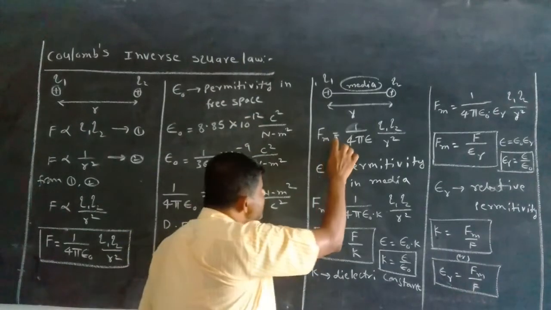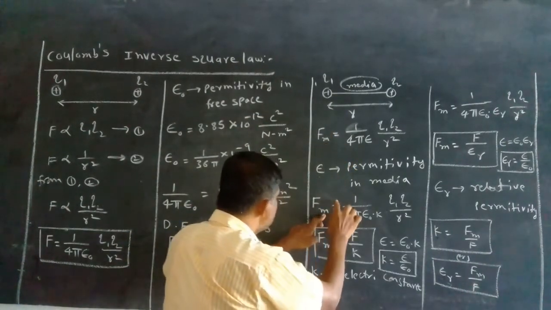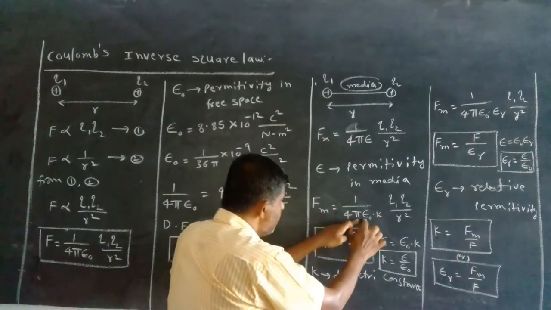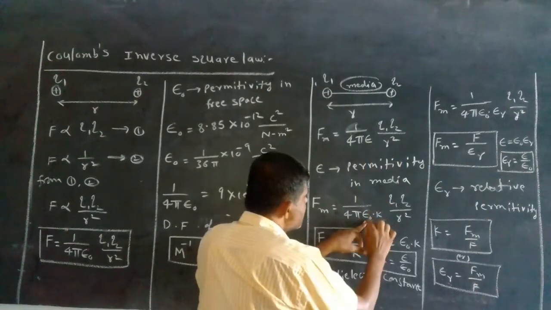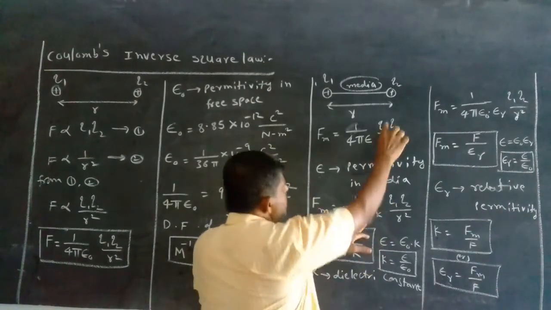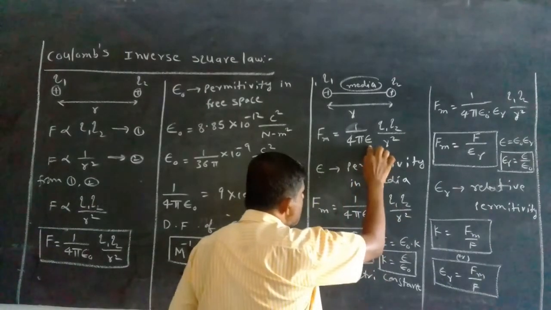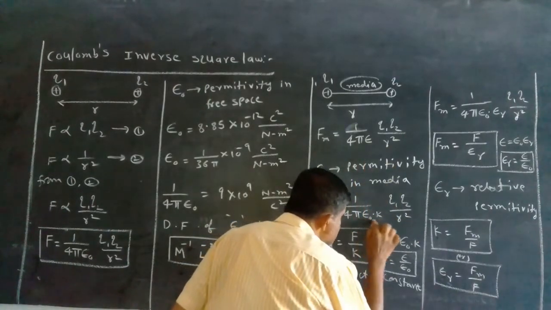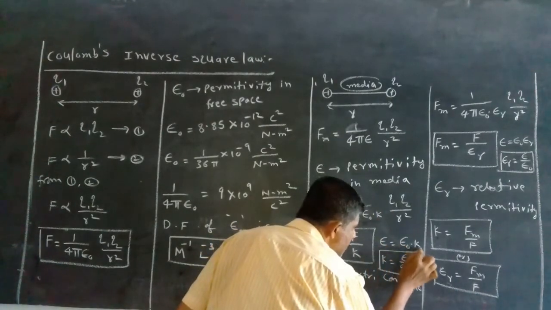We can write this equation in another form also: 1 by 4 pi epsilon naught into k, q1 q2 by r square. Here epsilon is taken as epsilon naught into k.